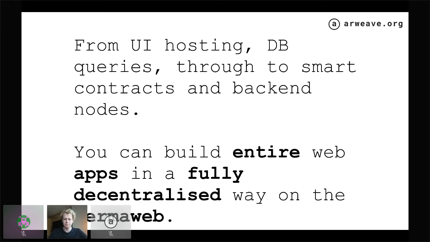And you can even build smart contract systems as well as back-end node software and run it in a decentralized way on top of this system. So you can cover the entire gamut of necessary components for a permanent decentralized web application.